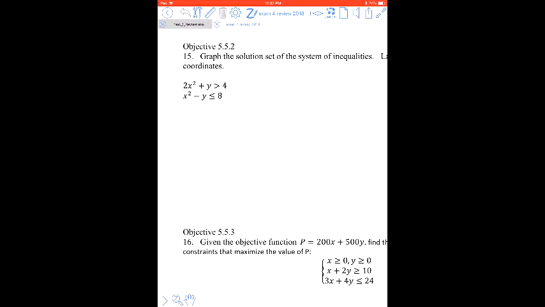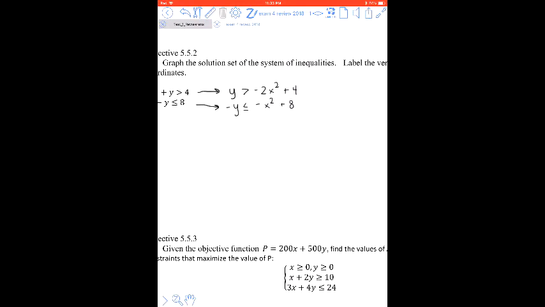What we need to do is graph both of these and find the area that's been double shaded. So first thing I'd like to do is rewrite this. So y is greater than negative 2x squared plus 4, and let's say negative y less than or equal to negative x squared plus 8.